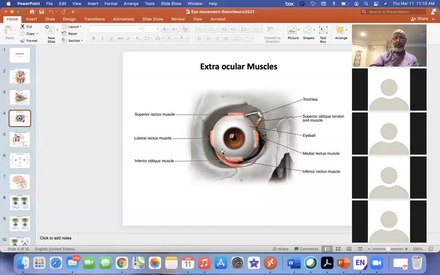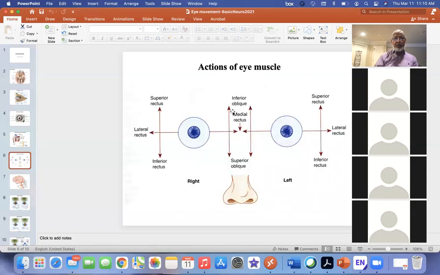And if you contract this one, the eye will go like this, which means the eyeball will be depressed. The superior oblique and inferior oblique are a little different, because superior oblique will depress and inferior oblique will elevate the eye. So those are the actions. Now there are different neural mechanisms, but at the end of the day, think about the motor function.